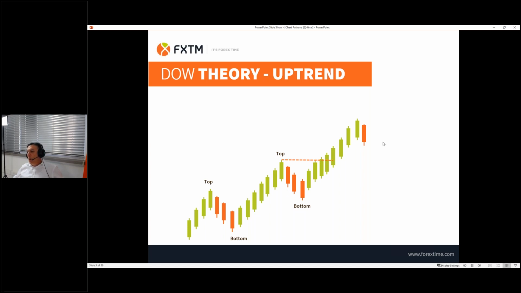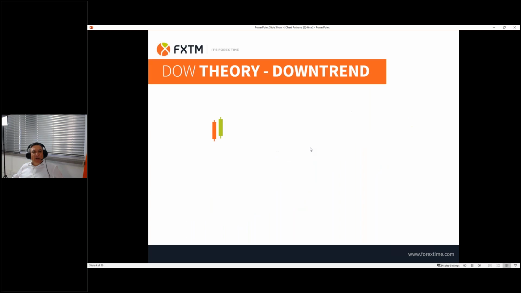The minimum requirement is two tops higher than each other, two bottoms higher than each other, and price moving higher than the last top. This is the minimum requirement for an uptrend. And this is Dow theory. And we can go on.